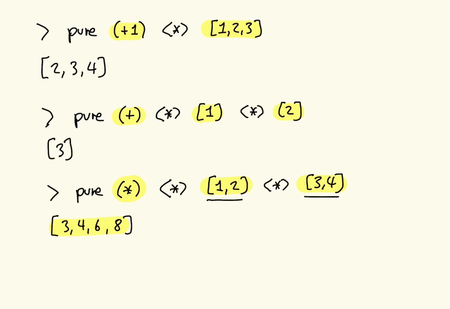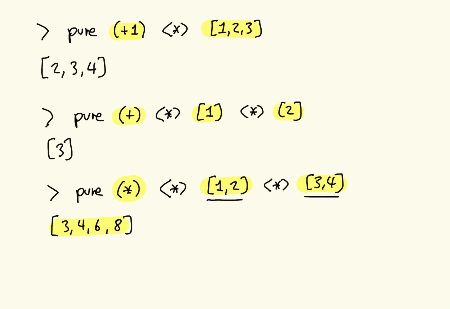So if you think about what's actually going on here, just like we had a slogan for the maybe type, we can have a similar slogan for the list applicative. The idea is that the applicative style for lists supports a form of non-deterministic programming where we can apply pure functions to multi-valued arguments. And you see that in the last example here.